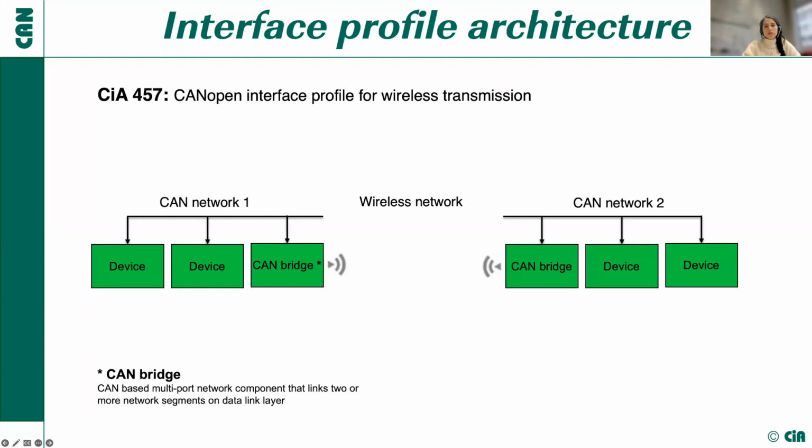And because of the need of using a wireless network between the CAN networks, I can say that one of the most important reasons is probably the problem of damage to cabling, which makes it reasonable that we use a wireless network between the CAN networks.